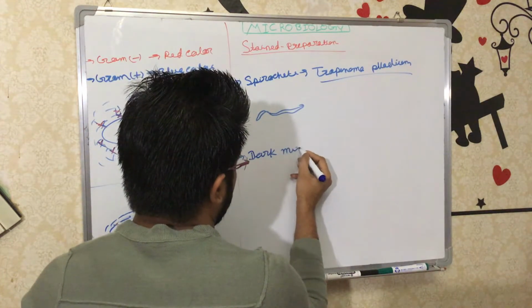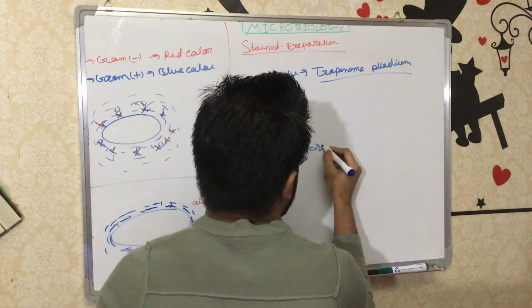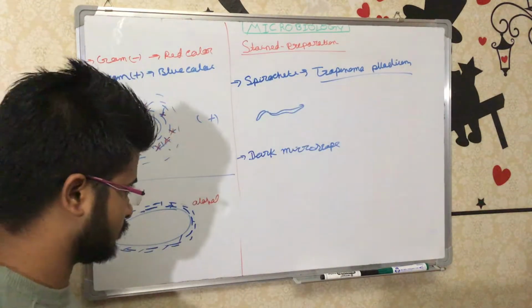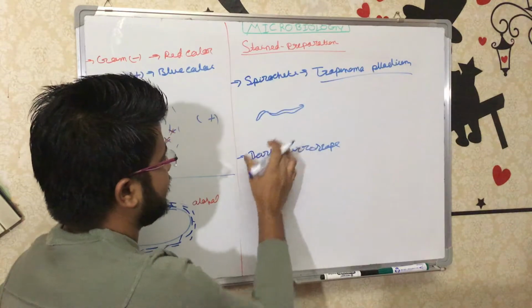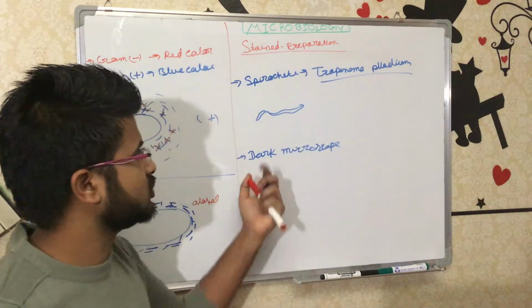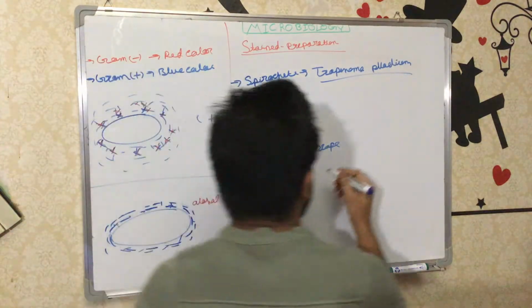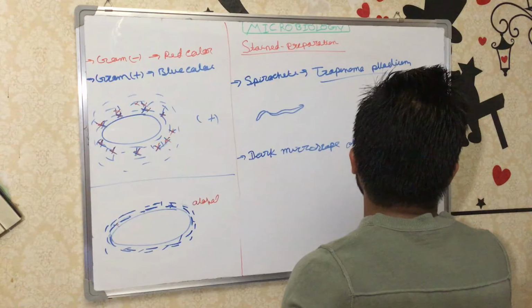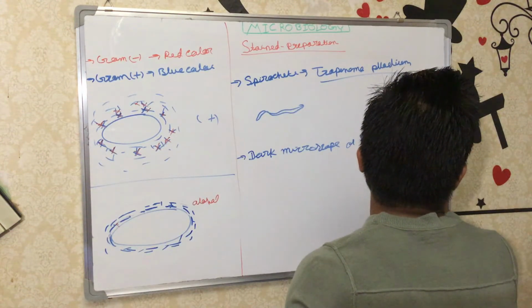In the dark field microscope, we can identify the spiral shape bacteria on the slide, so we can identify that this is Treponema. Or by fluorescent antibody.